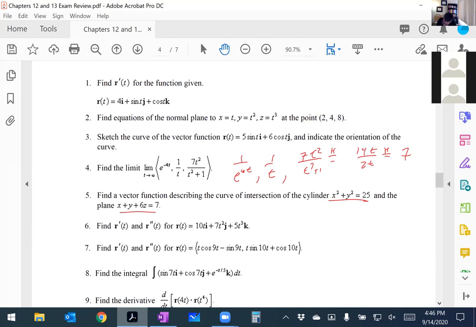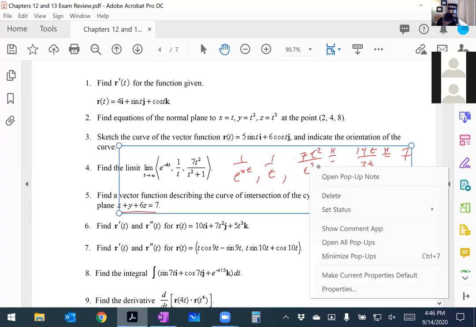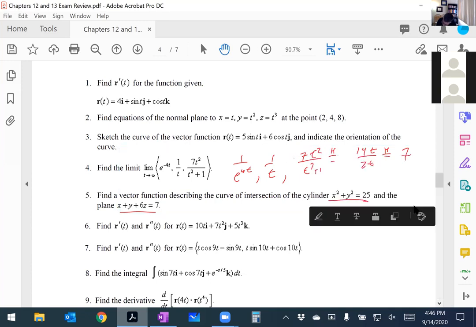Okay, so as t goes to infinity, why can you use L'Hopital's rule? Because it's going to be infinity over infinity, right? It's an indeterminate form. Okay, but what happens when you do 1 over infinity? Well, that goes to 0. And what's 1 over infinity again?